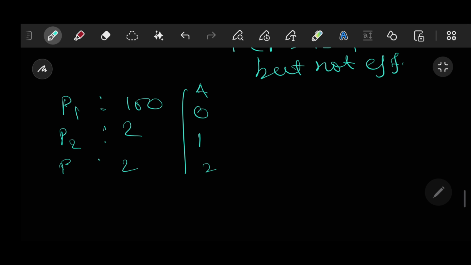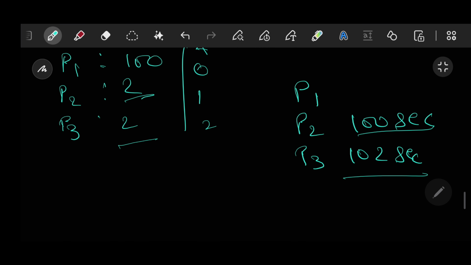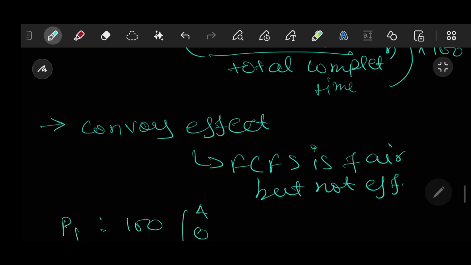P1 will be executed first, and then P2 has to wait for 100 seconds and P3 has to wait for 102 seconds. Why are they waiting so long if they just need 2 seconds? It is unfair for them. Therefore, FCFS is fair but not efficient.